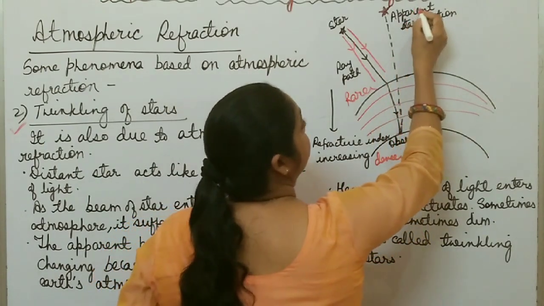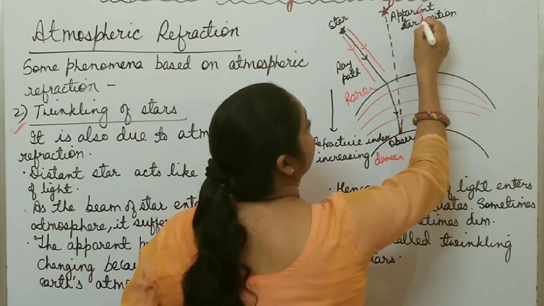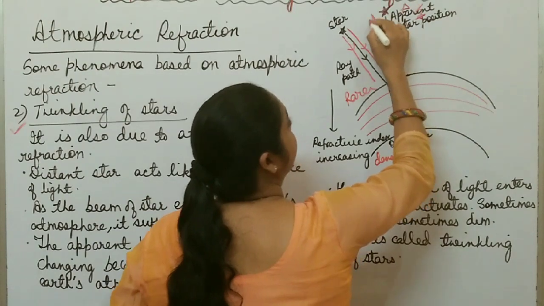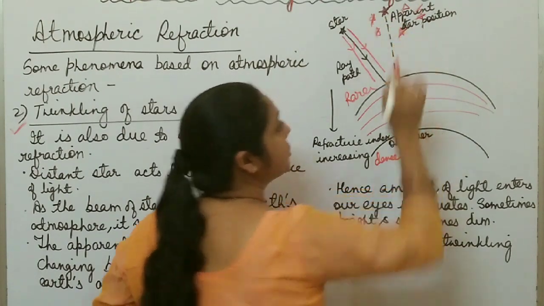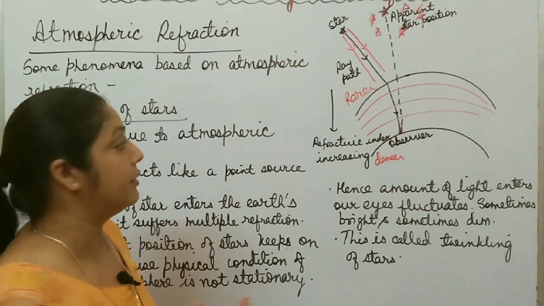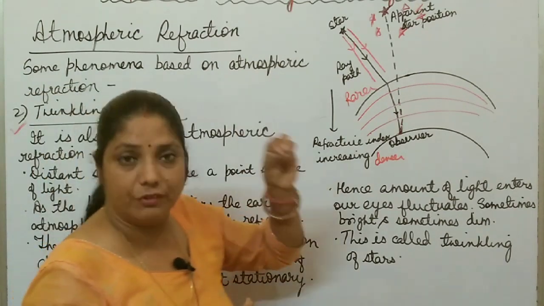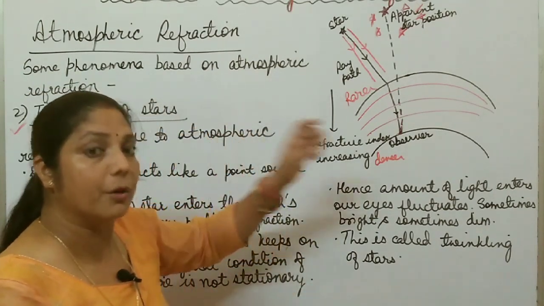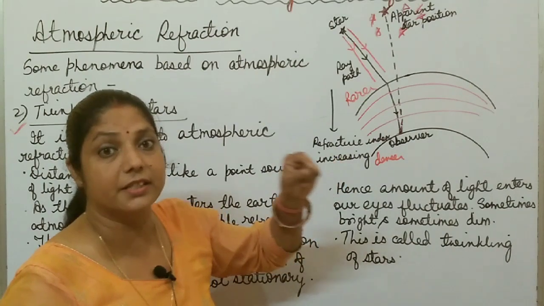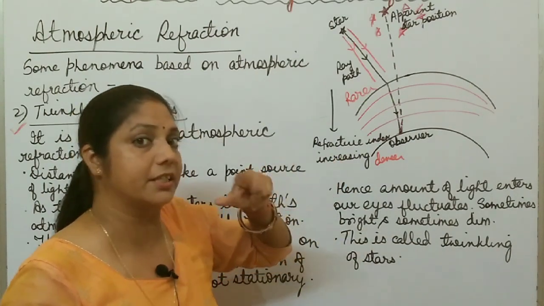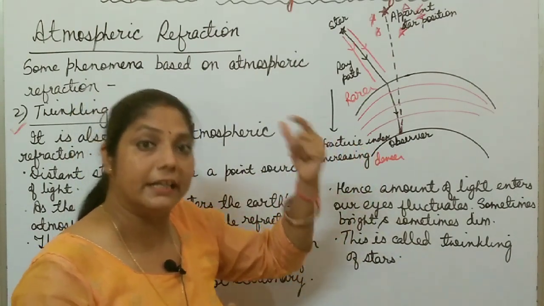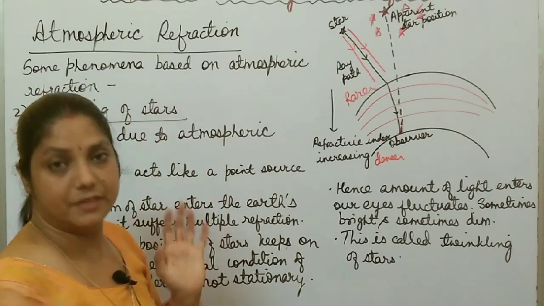Sometimes the star appears at this point, sometimes at this point, sometimes at this point. So the apparent position of the star changes with time, and the amount of light entering the observer's eye also changes. It flickers, it is not stationary, it changes continuously, and that is called twinkling of stars.